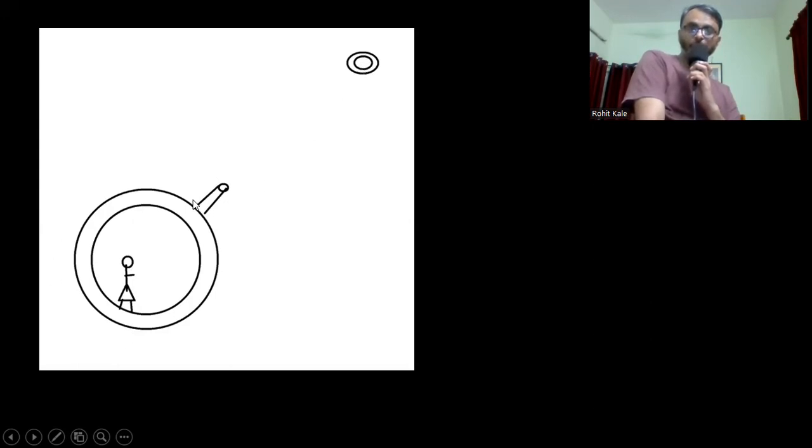So if this is a spaceship-like electron, this should also be a spaceship-like electron. Because the two are identical, in the sense that they are fermions, they cannot be distinguished from one another. They are absolutely the same. So no two electrons can be distinguished just by themselves.